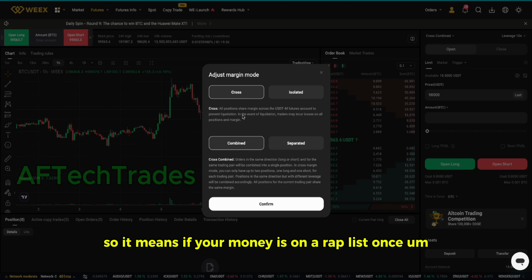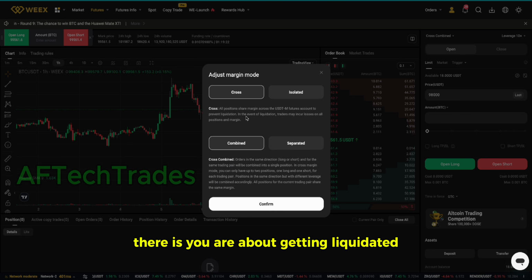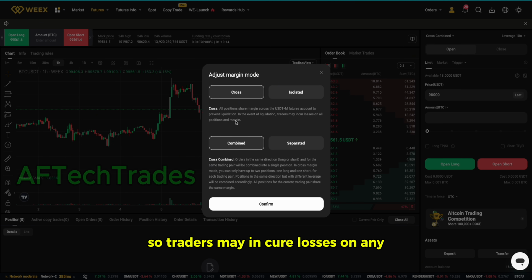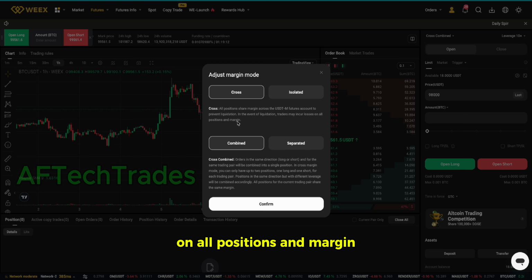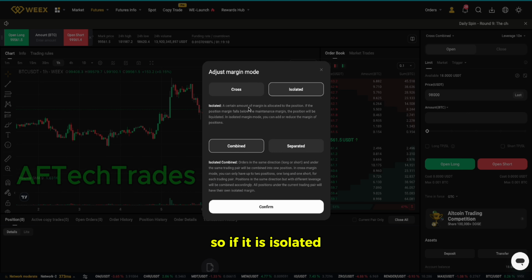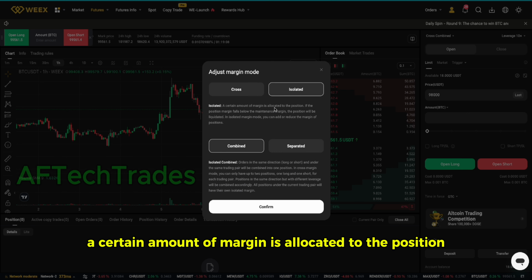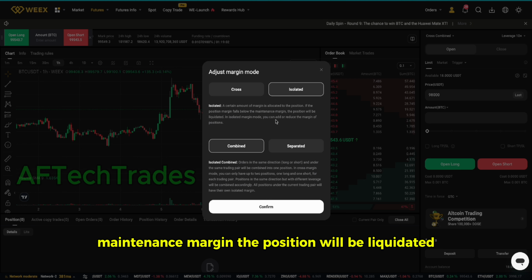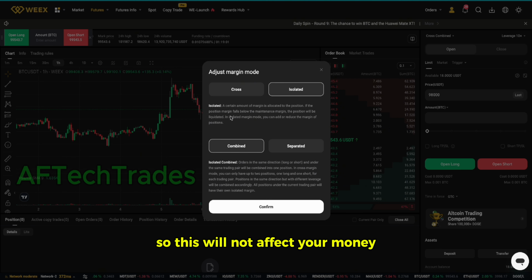So it means if your money is in another place, once you are about to get liquidated, it will subtract from your money. So traders may incur losses on all positions and margin. If it is isolated, a certain amount of margin is allocated to the position. If this position margin falls below the maintenance margin, the position will be liquidated. So this will not affect your other money.